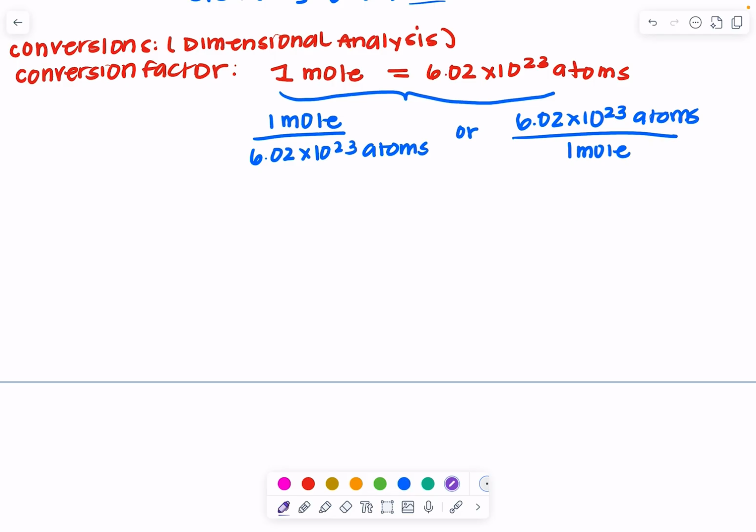Okay, it just depends on whichever one of these we want to cancel. Usually what's on the bottom gets canceled.